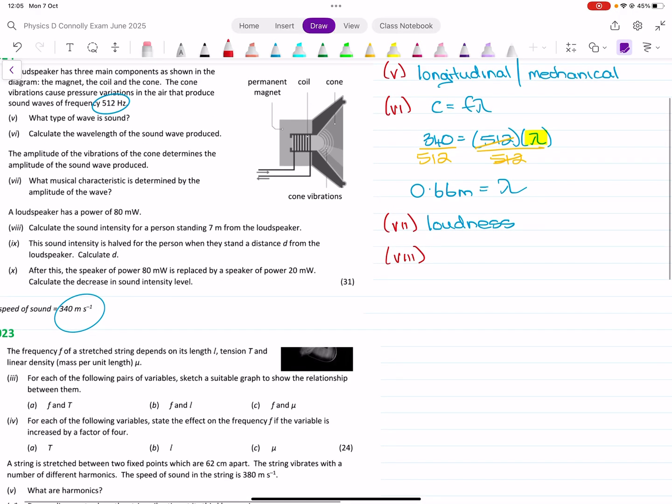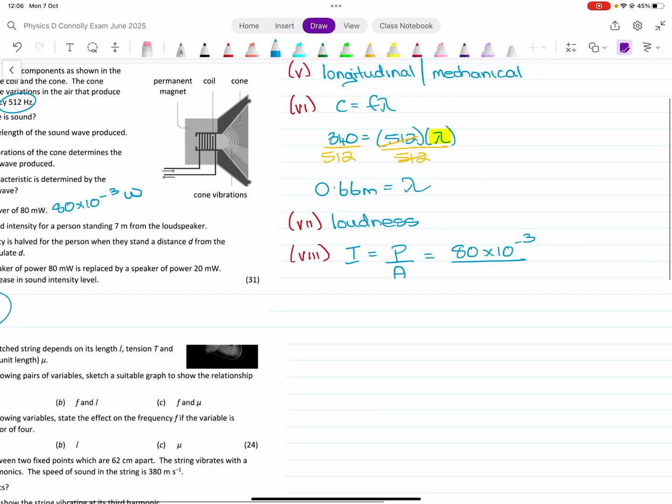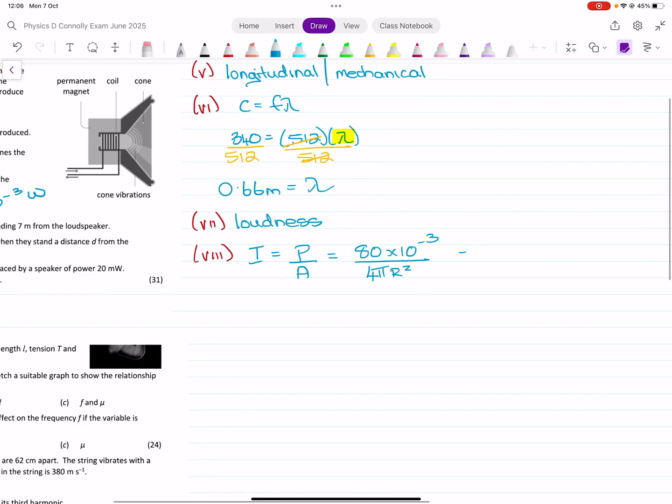Calculate the sound intensity for a person standing 7 meters from the loudspeaker. A loudspeaker has a power of 80 milliwatts. Milli is 10 to the minus 3. So intensity is power over area. The power is 80 by 10 to the minus 3. The area, I said, is the surface area of a sphere, so it's 4 pi r squared.